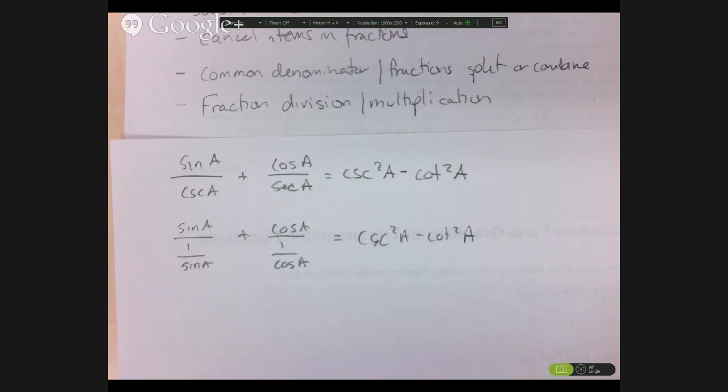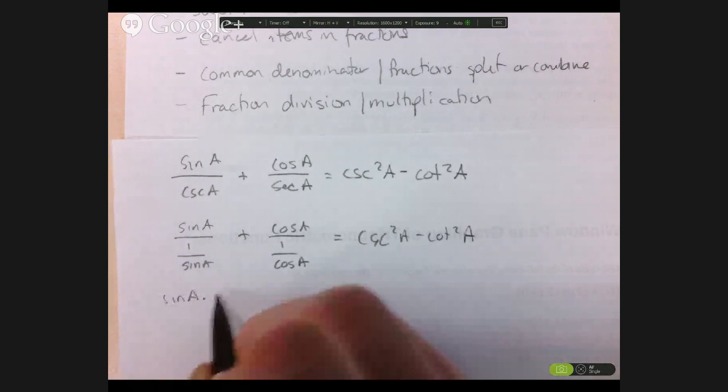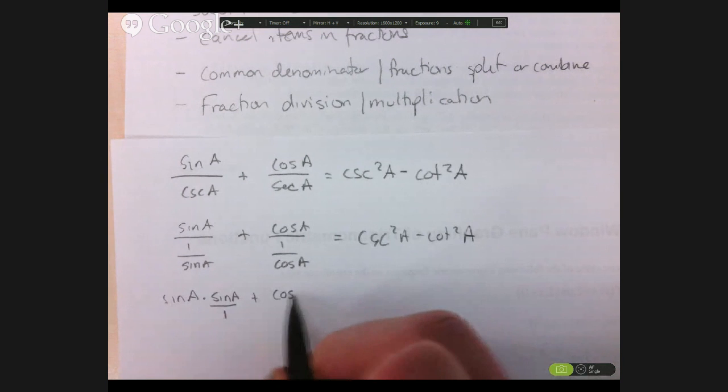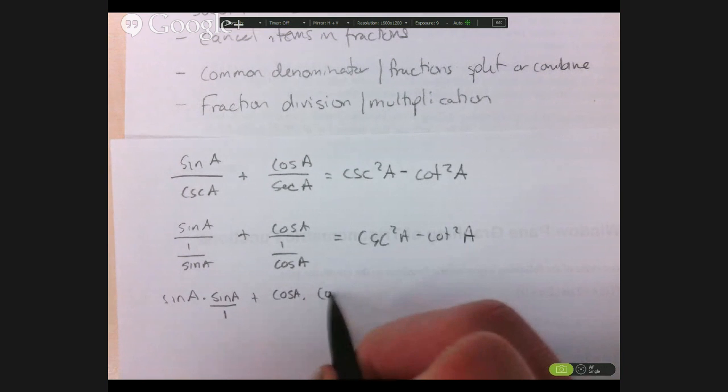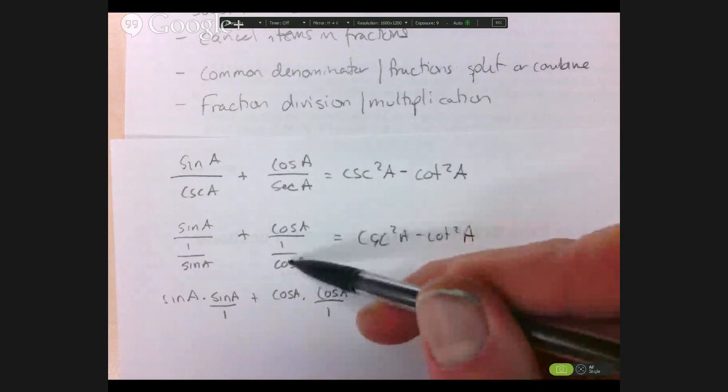But it's not sine over sine. It's sine over 1 over sine. So we can't. They're divided fractions, but we can do fraction division. So we have sine A times, all right, remember, it's copy, dot, and then flip this one over.